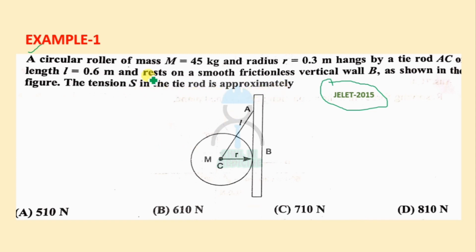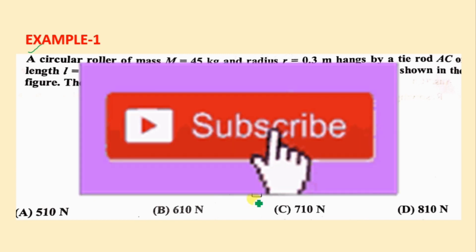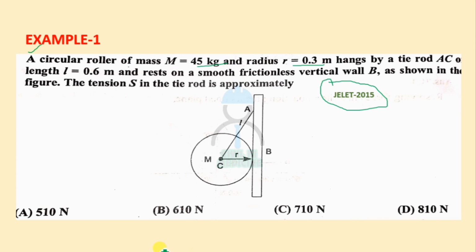That means a ball of 45 kg of radius 0.3 meter is hanging by a tie rod AC, and it rests against a smooth frictionless vertical wall B. We have to find the tension in the tie rod, S, for tension.